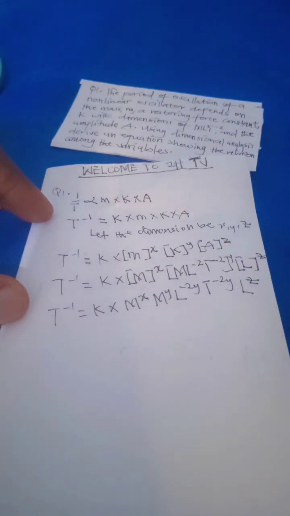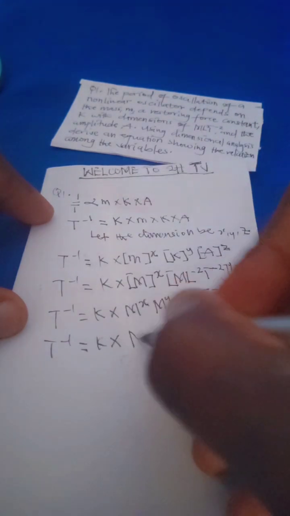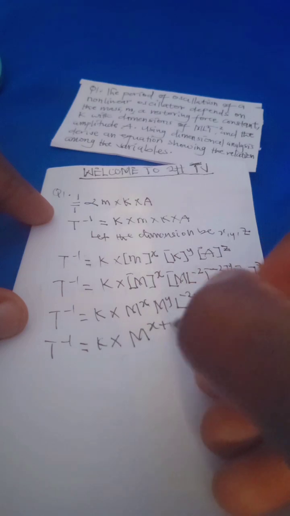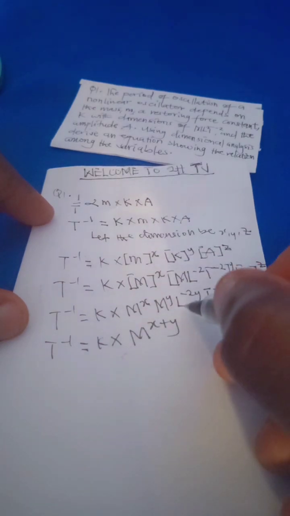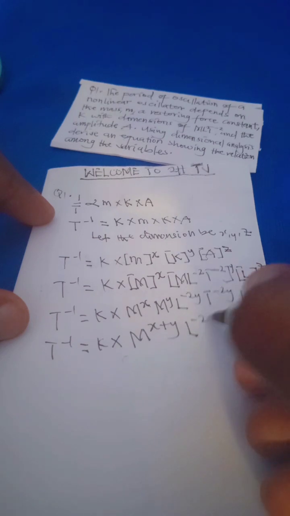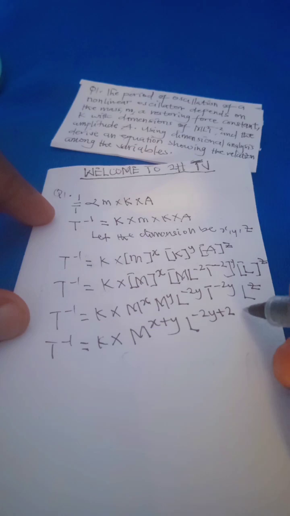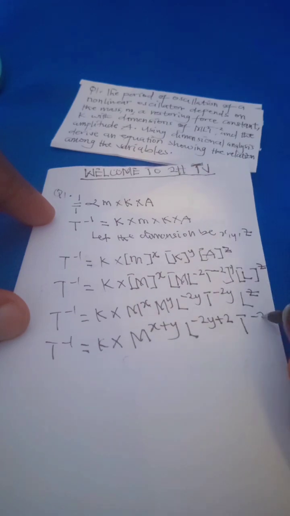From this stage, what you do is that you group like terms. Now indices, when the bases are the same, we add the exponents. So we have mass, so we add the exponents: x plus y. We have length and length, so we add: negative 2y plus z. Then T stands alone.